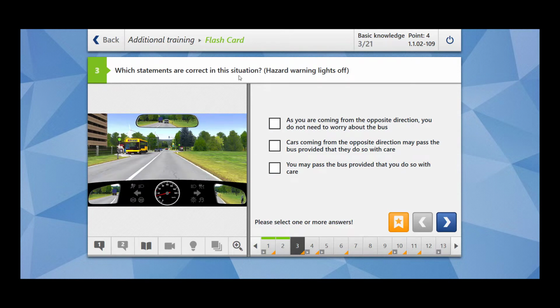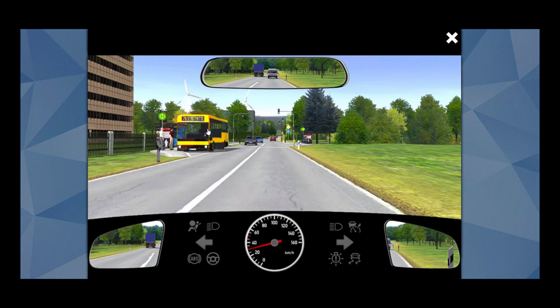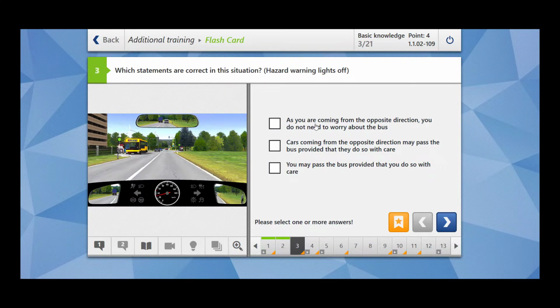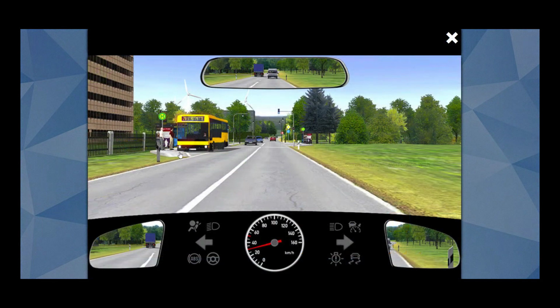Which statements are correct in this situation? Hazard warning lights are off. We see a bus which has stopped at the bus station. What are the options? As you are coming from the opposite direction, you do not need to worry about the bus. This is incorrect because imagine a passenger crossing the road or a person who wants to catch the bus.